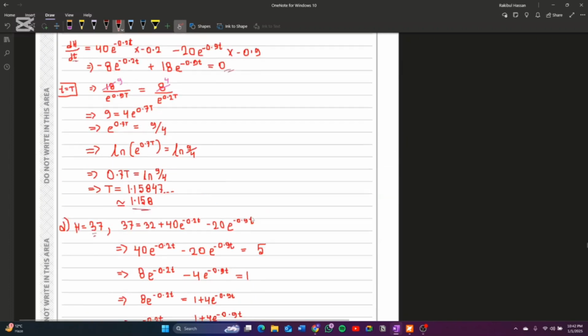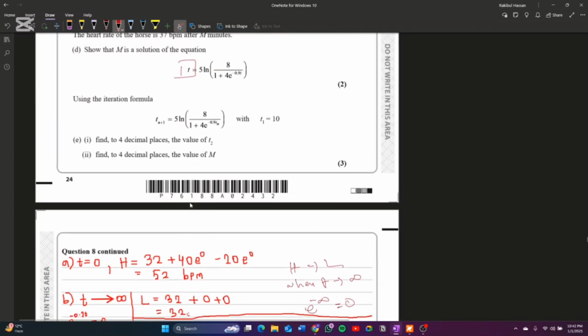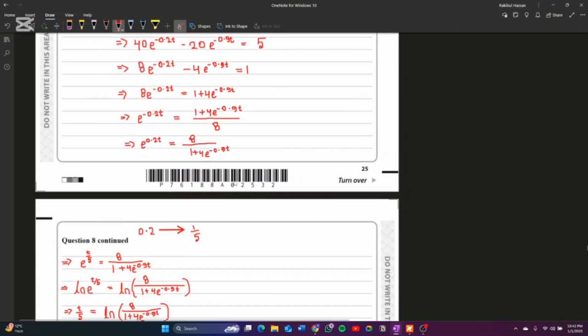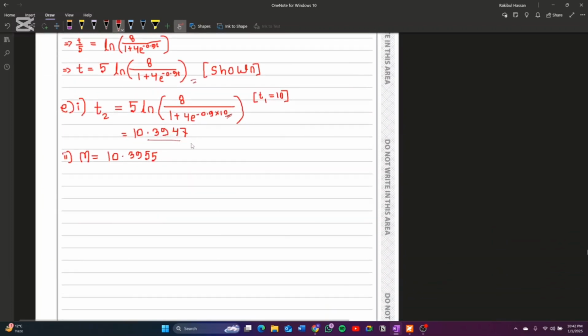This will be our T2, and later we are asked to find the value of M. For M, we need at least 5 iterations to find where it reaches a constant state. If we keep putting the result back into the formula again and again, we'll see that the value of tn reaches a constant, which will be 10.3955.